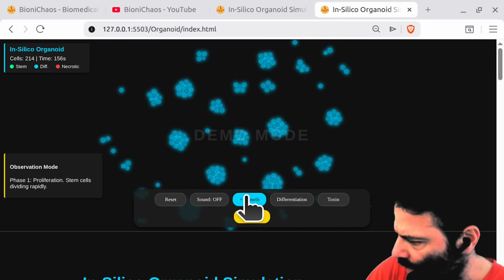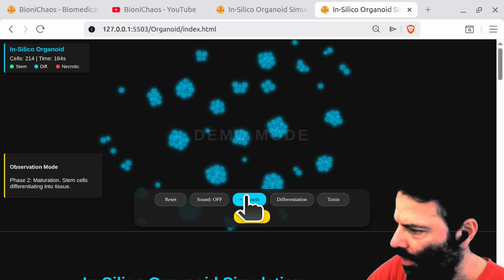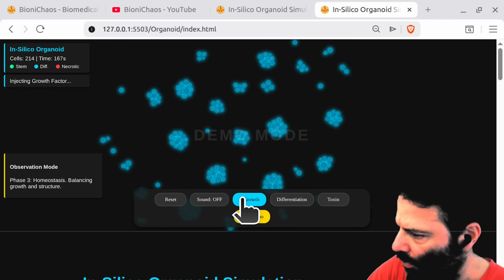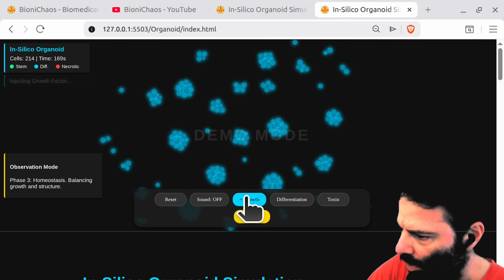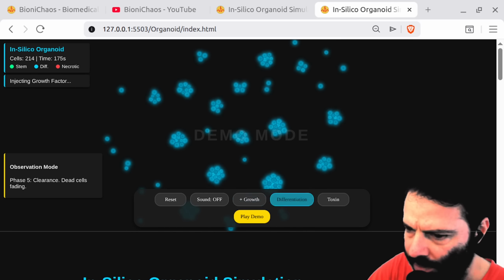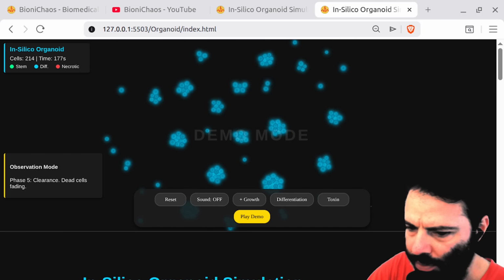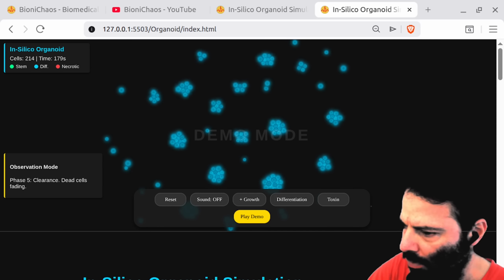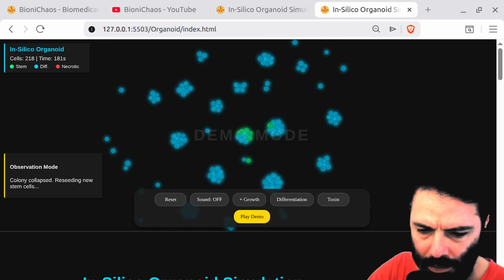The demo is in observation mode, phase 1, proliferation, stem cells dividing. And while the demo mode is going, I'm not able to inject growth factor. So hopefully it's clear what's going on. Can just do a simple response to that.